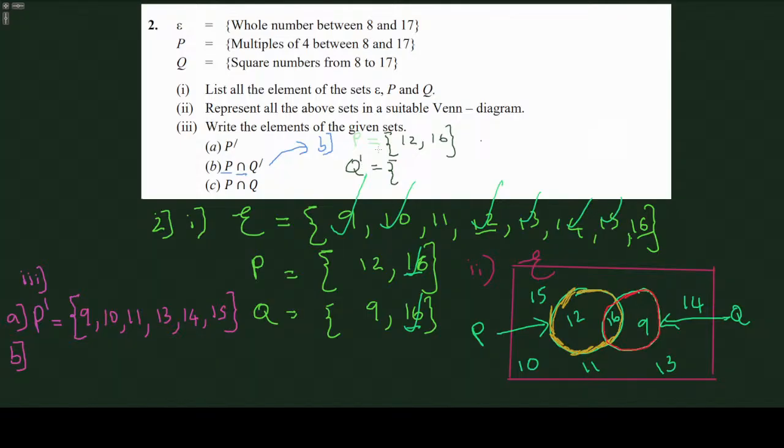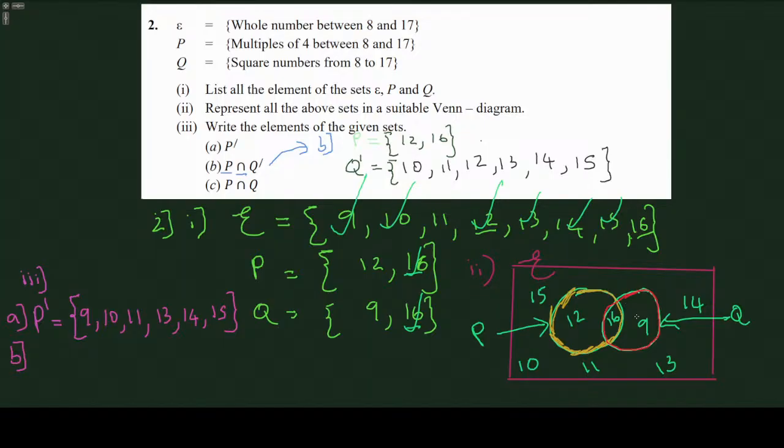That is 10, 11, 12, 13, 14, 15. So all the elements except for 16 and 9 should come to the set of Q complement.